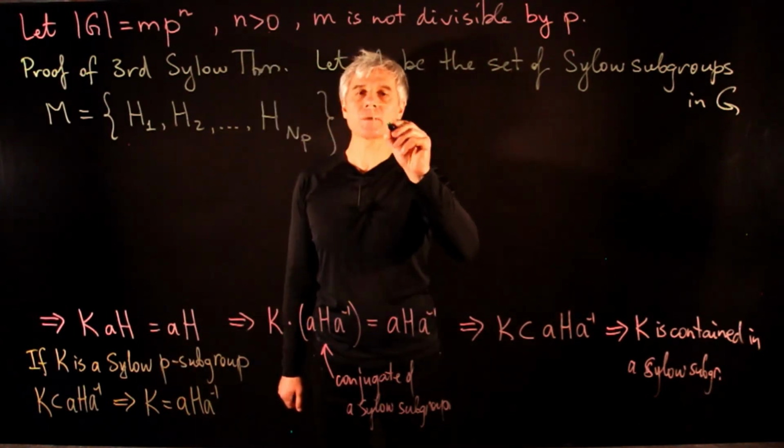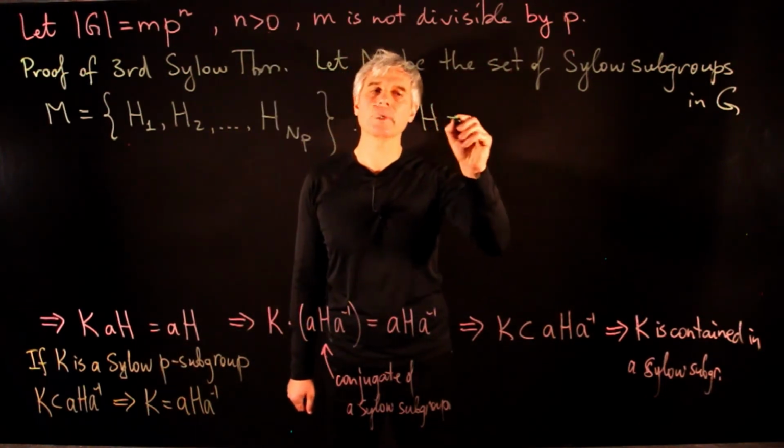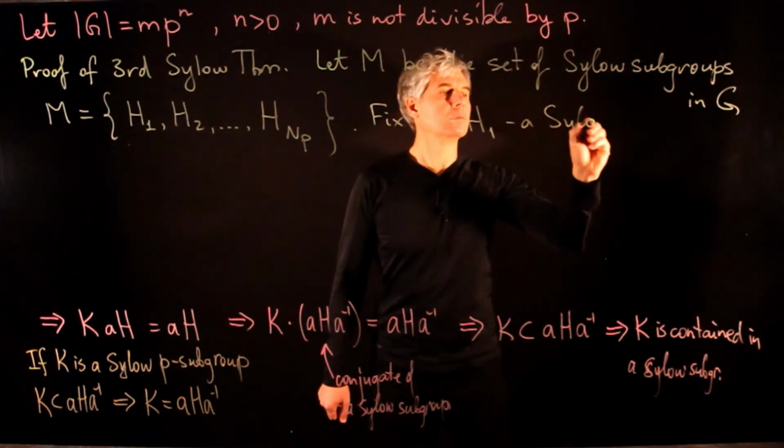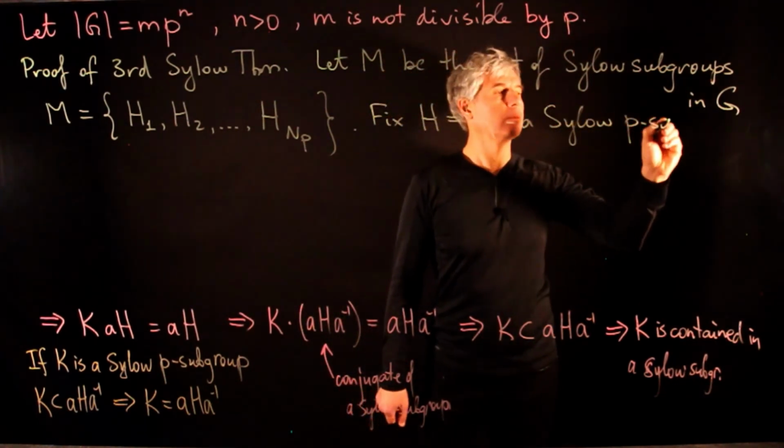Now let us fix one of these subgroups. So let H be, say, H1, a Sylow P subgroup.